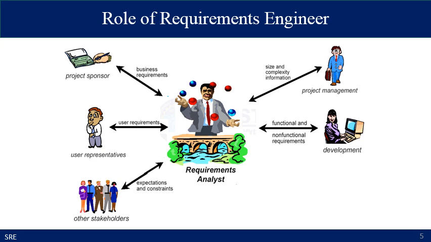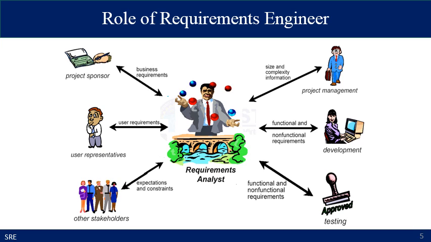And there will be some other persons managing those products. So as a software requirement engineer, you have to gather the requirements about the size and the complexity of the project from the project management team. And there will be some testing required from the user level and development level.